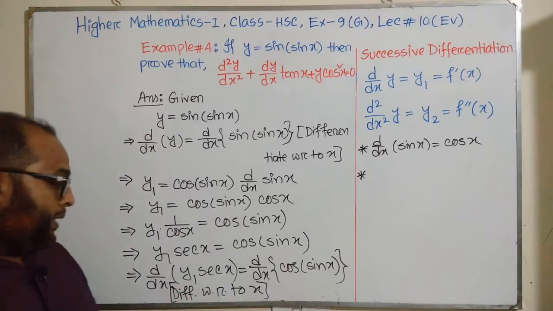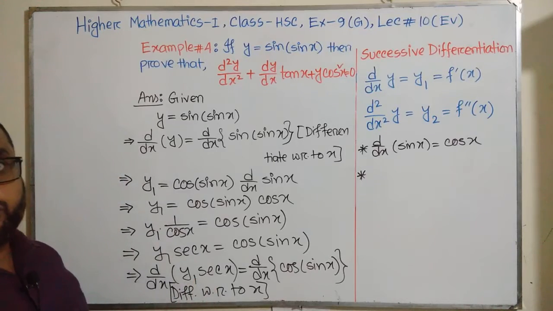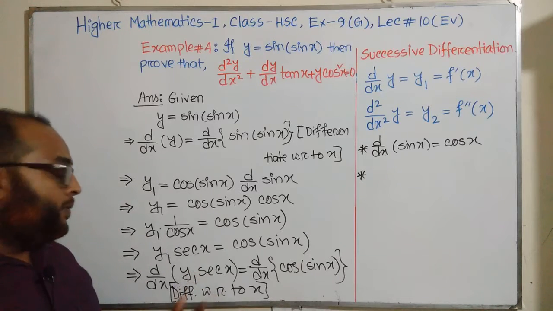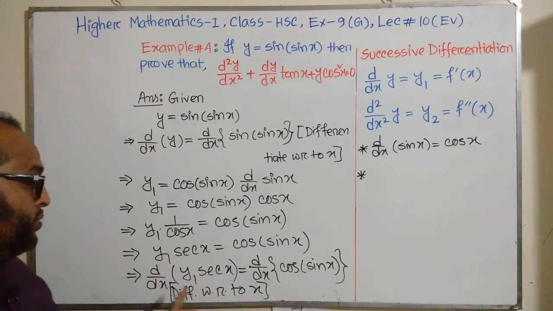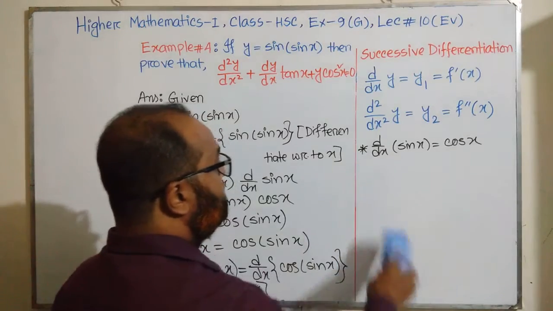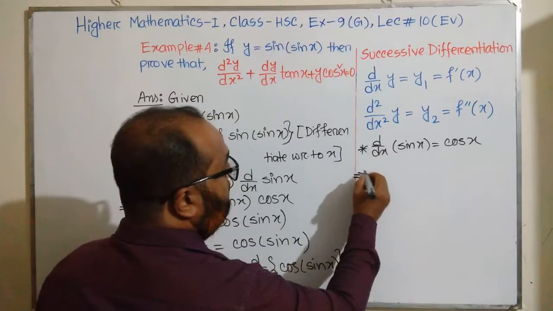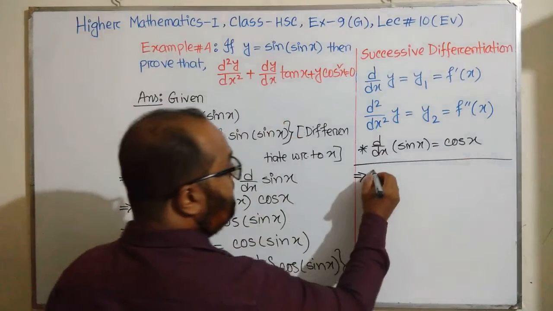Okay, here y1 and sec x are two functions, so we have to apply the formula of uv, that is u d/dx of v plus v d/dx of u.